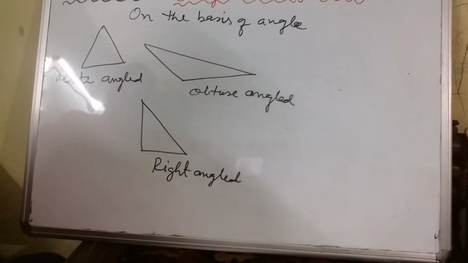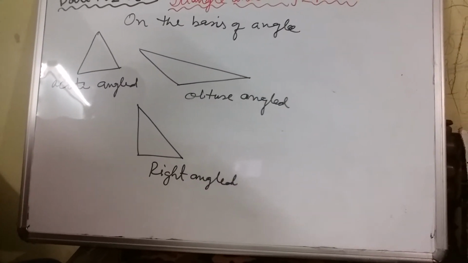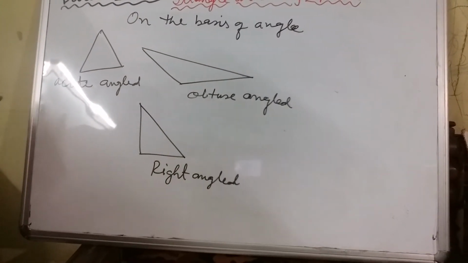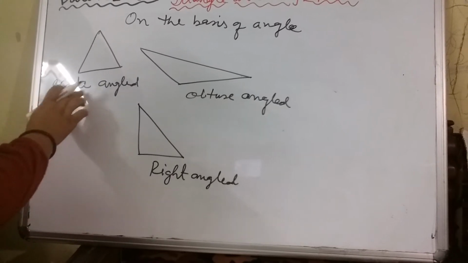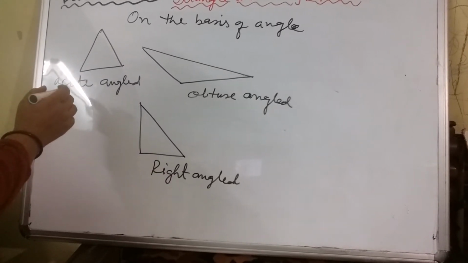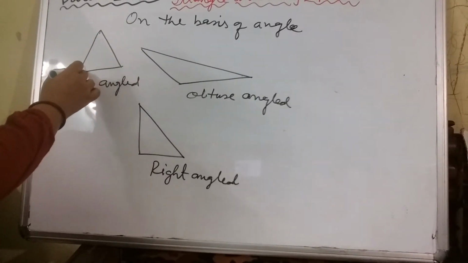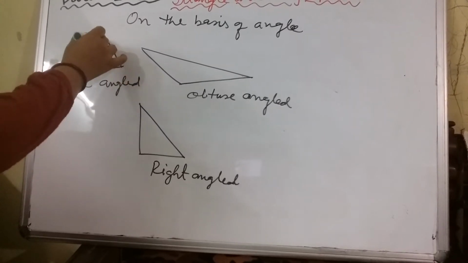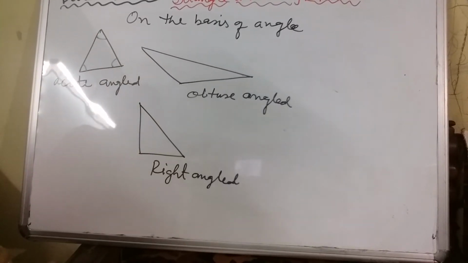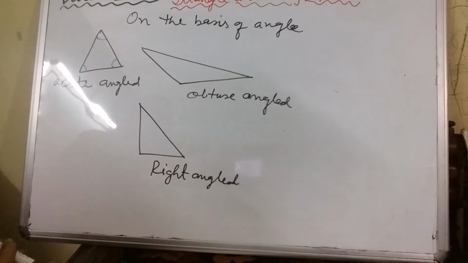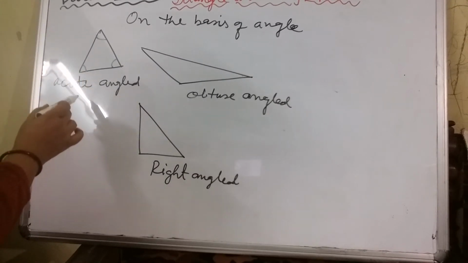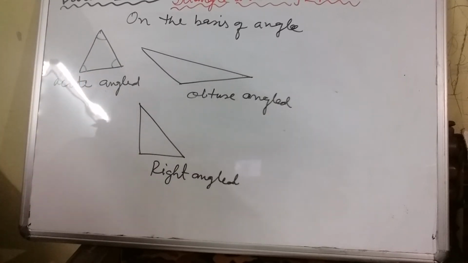Now on the basis of the measurements of angles of a triangle, we can classify a triangle as an acute angle triangle. An acute angle triangle will have all the angles acute. If all the three angles of a triangle are acute, then that triangle will be called an acute angle triangle.